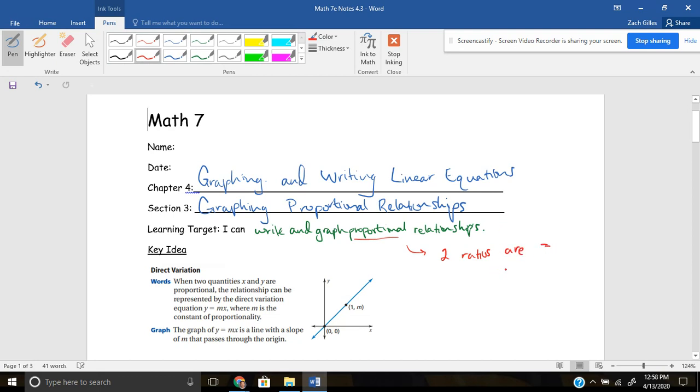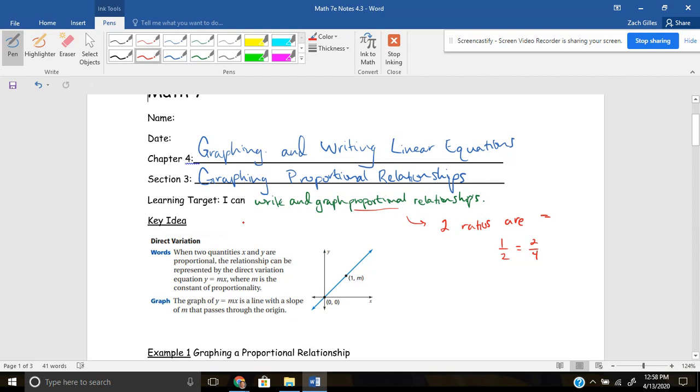So something like 1/2 is equal to 2/4. That's a proportion. It's saying that these two ratios are equal. And what we want to be able to do today is graph and write proportional relationships.